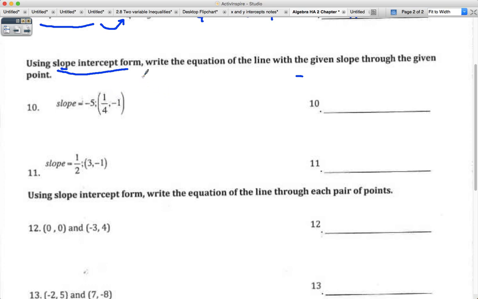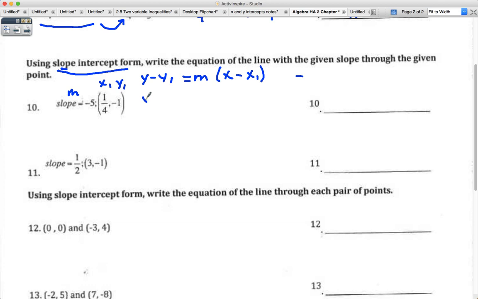But I'm going to use the point-slope form, which is y minus y1 equals m times x minus x1. This being my x1, this being my y1, and this being my slope.